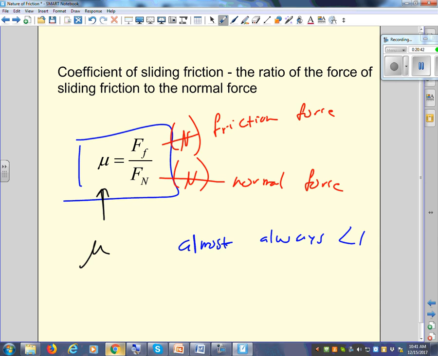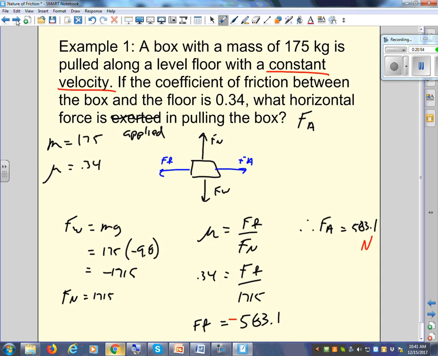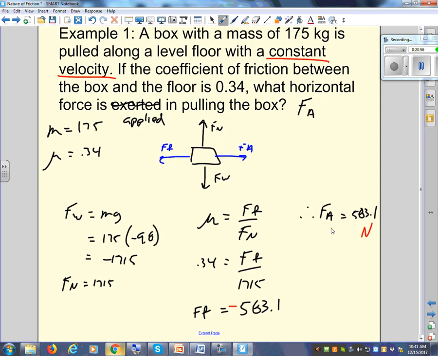Newtons. And when you've got newtons over newtons, what happens? They cancel. There are no units for mu. Mu is a ratio. It has no units. But having said that, applied forces do have units. So there's a lot of reading there, but really this question is just 2 steps.